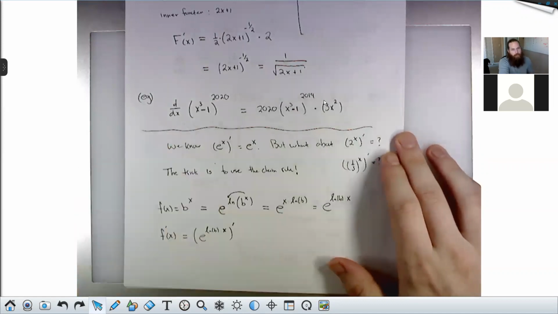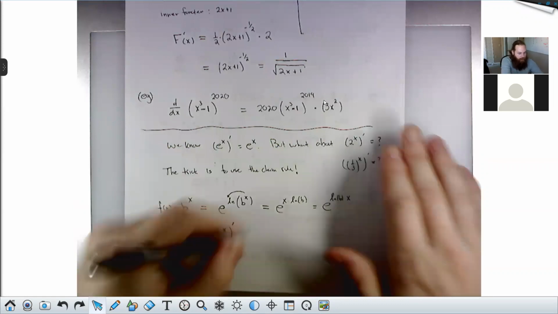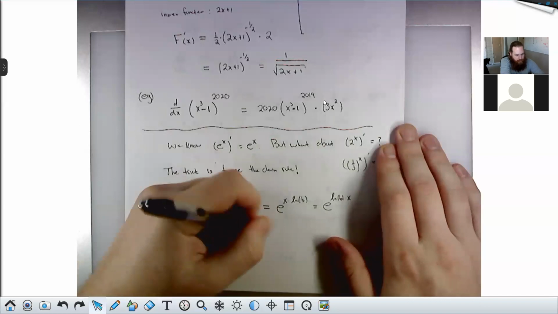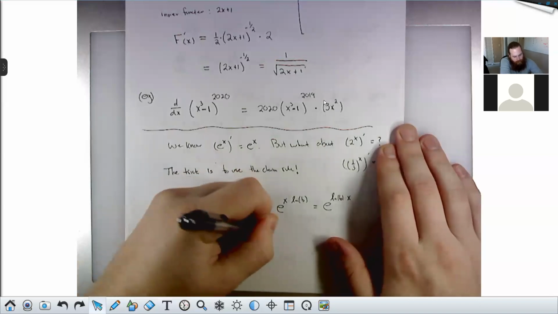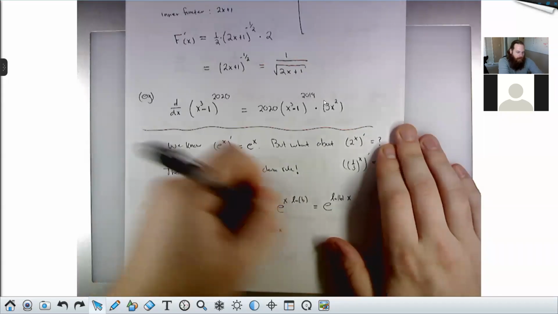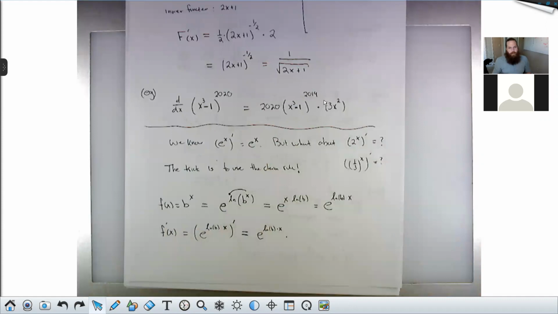All of that primed is what we want. And by the chain rule, this is an exponential, so I will leave the exponential and then multiply by the derivative of the inside. So the derivative of e to some stuff is e to that stuff times the derivative of that stuff. Now, what is the derivative of ln b times x?